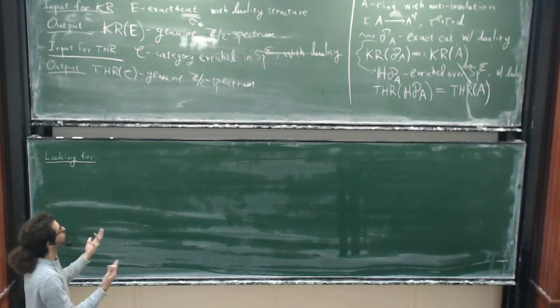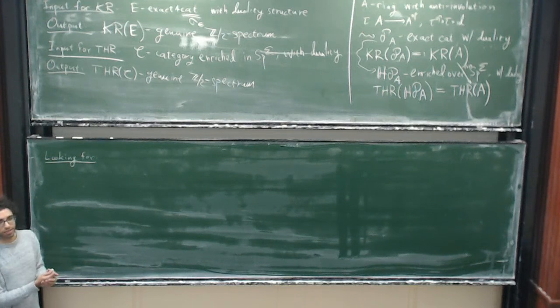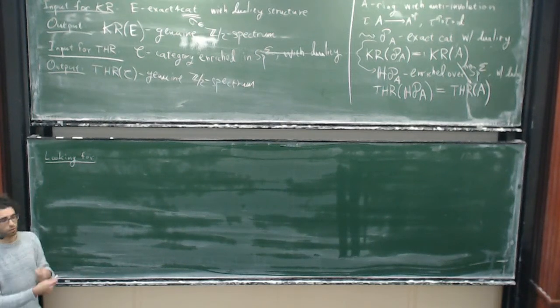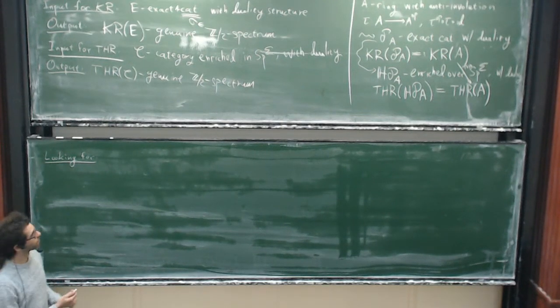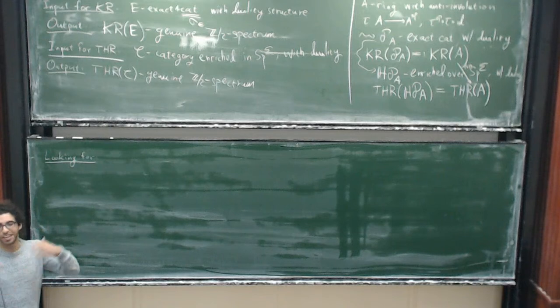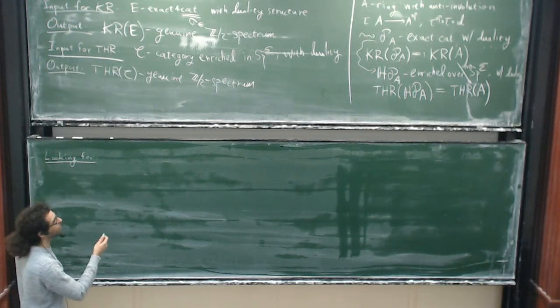What is the homotopical version of a ring? It's an E1 spectrum, and we want it to have an anti-involution. But as I will explain later, we want to have a genuine anti-involution, whatever that means. We will try to hint at what this means later.